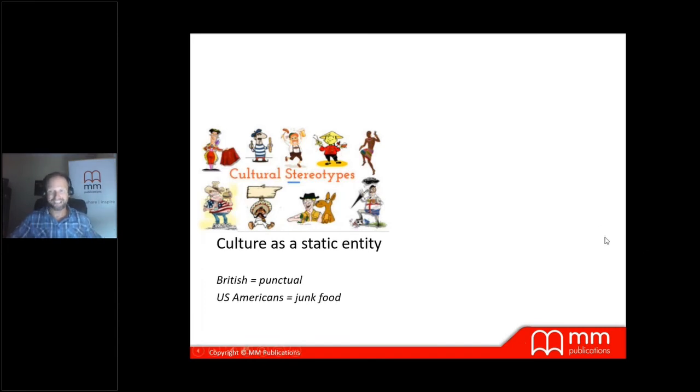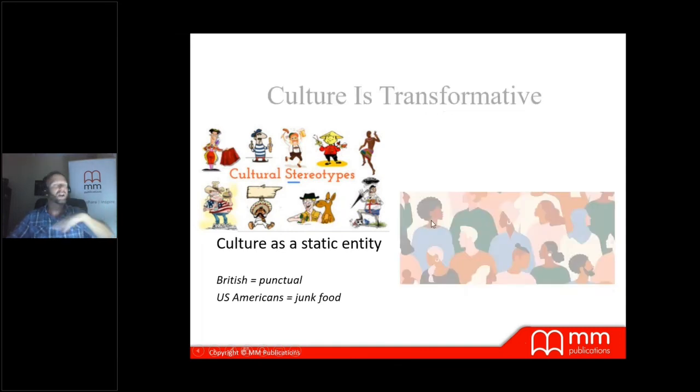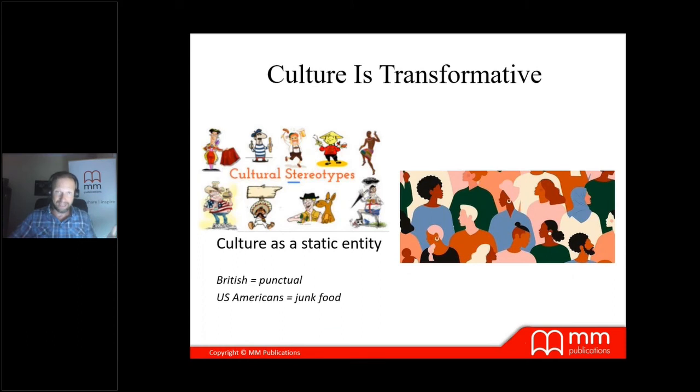So these are cultural stereotypes that are meant to give us a glimpse of that culture as a static entity, which is very much a fallacy due to the fact that culture is transformative, it has been evolving, and cultural contributions have been coming ever since migration started.